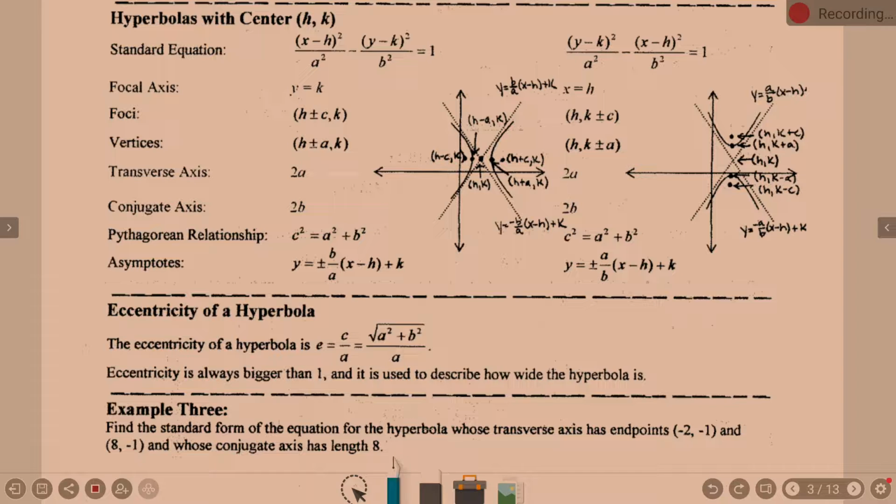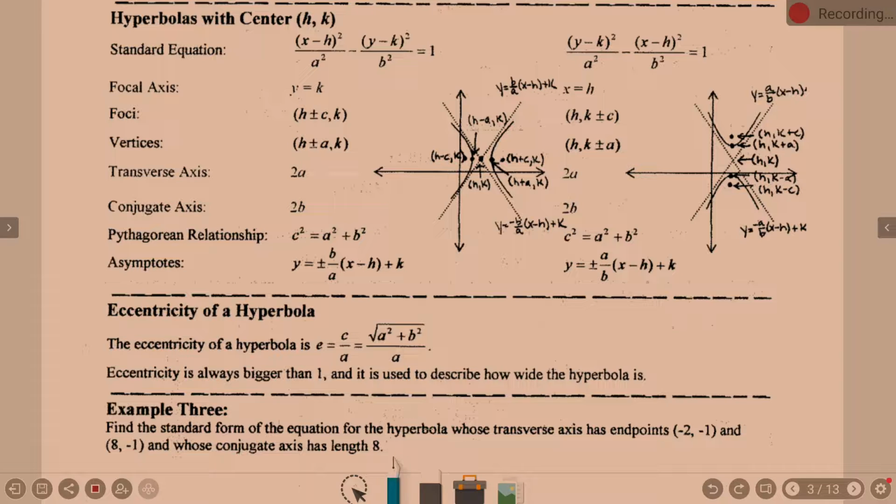Focal axis. Well, instead of it being the x-axis or y-axis, it's y equals k or x equals h. Foci and vertices should look familiar, right? It's (h, k), and then it's the plus or minus c or a, whether it be on h or k, depending on the column. Transverse axis, conjugate axis, 2a, 2b. Pythagorean relationship, still there.